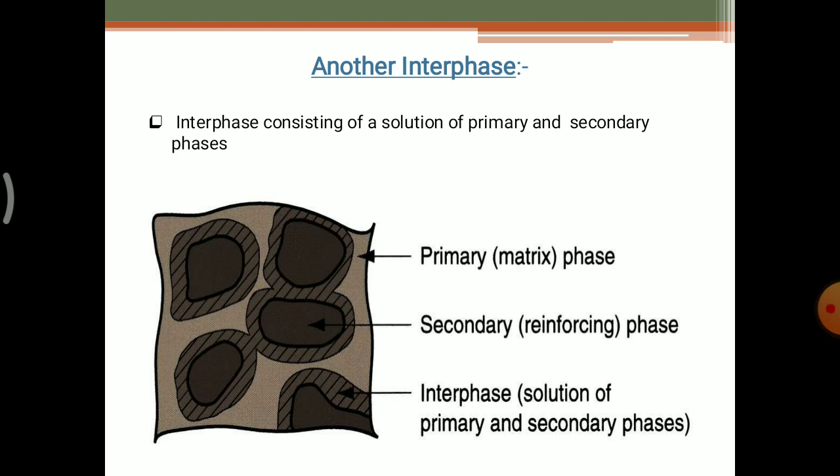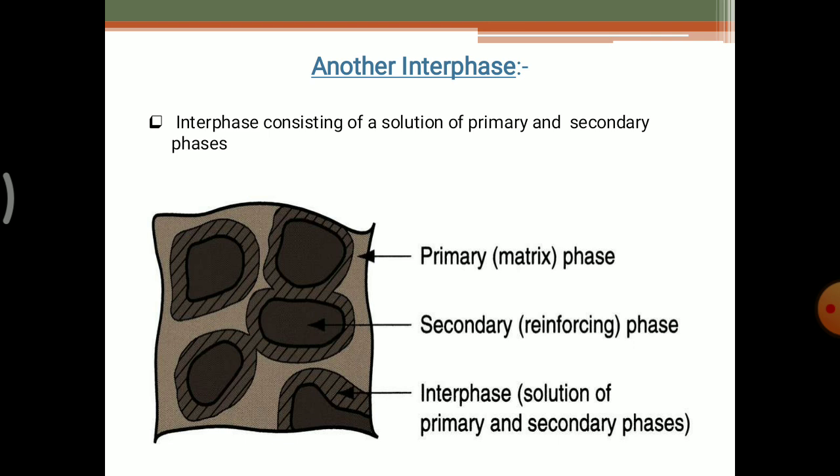So by combining these two sections, that is the primary phase and secondary phase, we are going to obtain good stiffness and good strength due to high desired properties. So we can obtain our desired properties in these sections by mixing the third ingredient as a solution of the primary and secondary phases, and the third ingredient here is known as the interface.